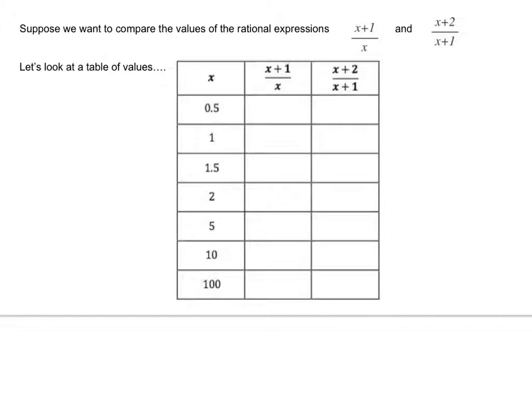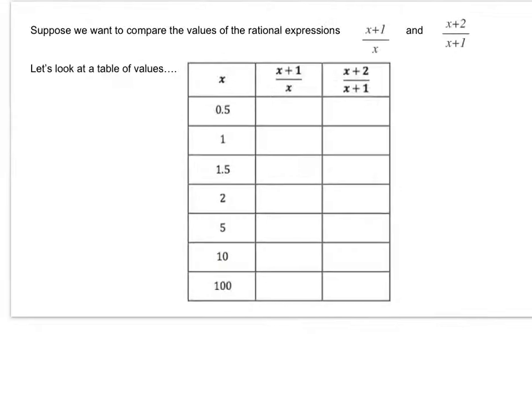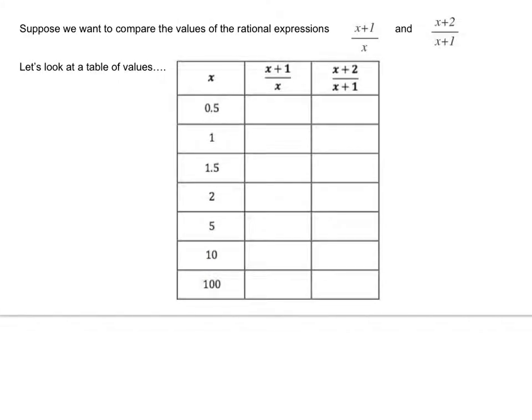Let's try this first one first. 1.5 over 0.5 is 3. 1 plus 1 is 2 over 1 is 2. 1.5 plus 1, divided by 1.5, I've got 1.67. 3 over 2, let's keep it all in decimals, 1.5. 6 over 5, 5 plus 1 is 6 divided by 5, I've got 1.2. 11 divided by 10 is 1.1, and 101 divided by 100 is 1.01. Looks like my values are getting smaller as x gets larger. Let's try the next one.